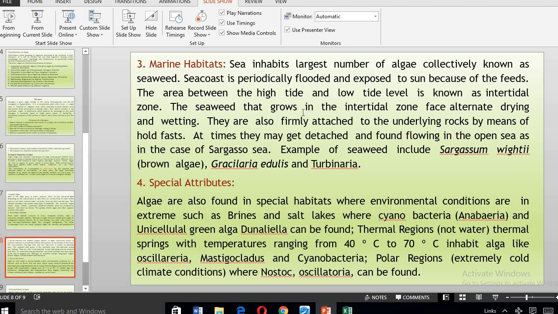The third are marine habitats. The sea inhabits the largest number of algae, collectively known as the seaweeds. If you have been at the coast, you'll realize that the sea coast is normally periodically flooded, and sometimes when the water recedes, it's exposed to the sun.